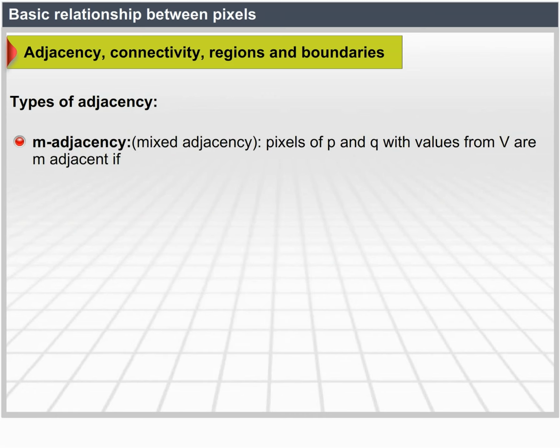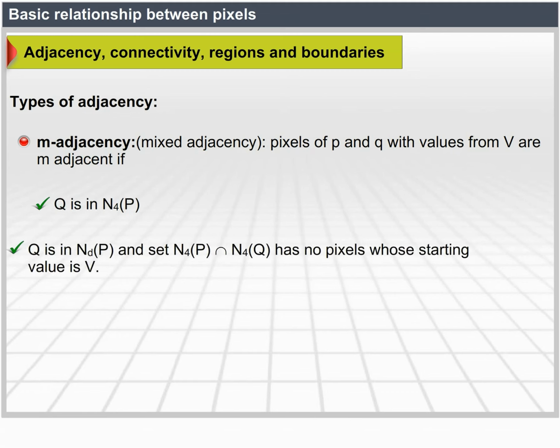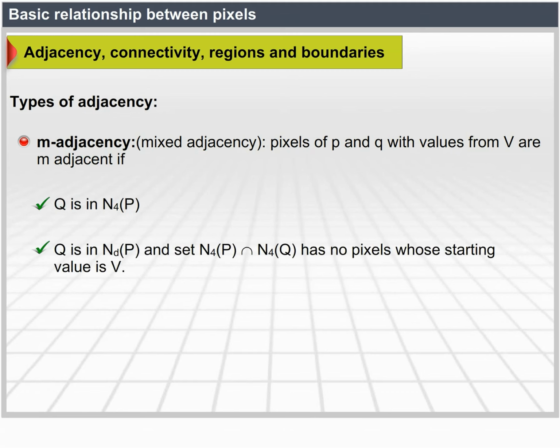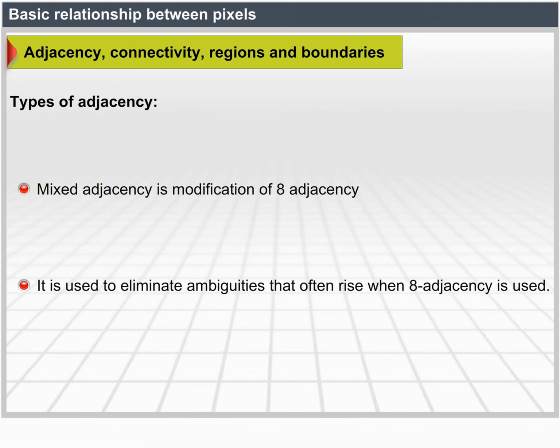M adjacency, or mixed adjacency: pixels P and Q with values from V are M adjacent if Q is in N4(P), or Q is in ND(P) and the intersection of N4(P) and N4(Q) has no pixels whose values are from V. Mixed adjacency is a modification of 8 adjacency. It is used to eliminate ambiguities that often arise when 8 adjacency is used.